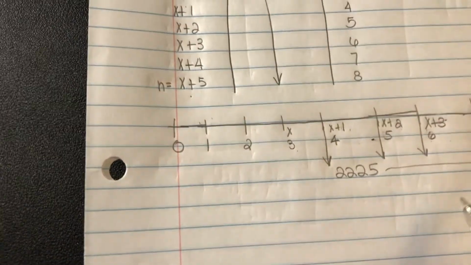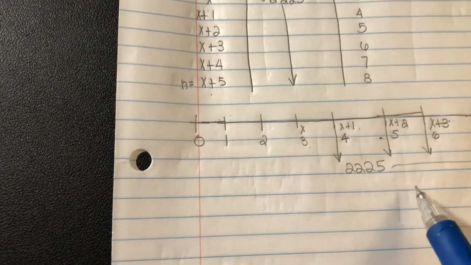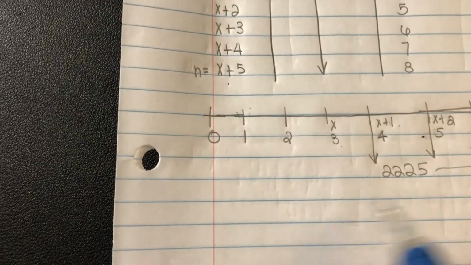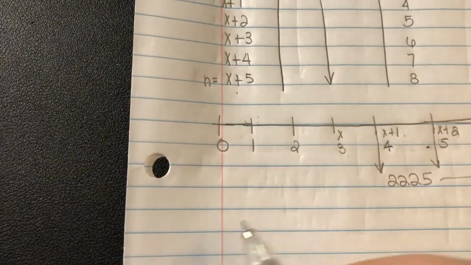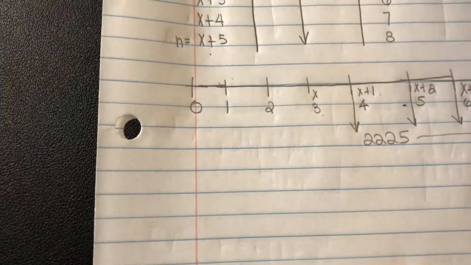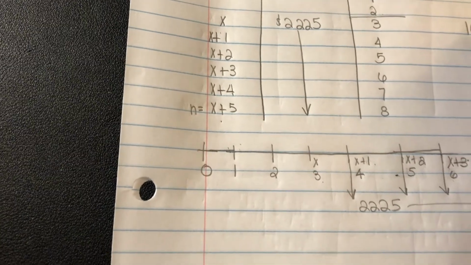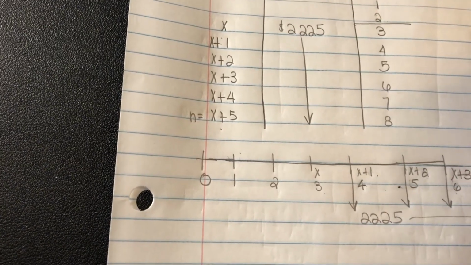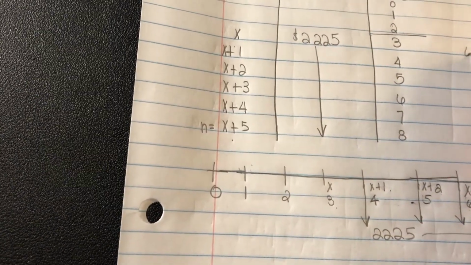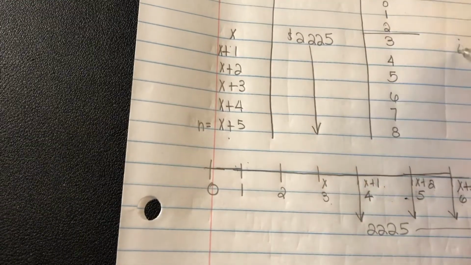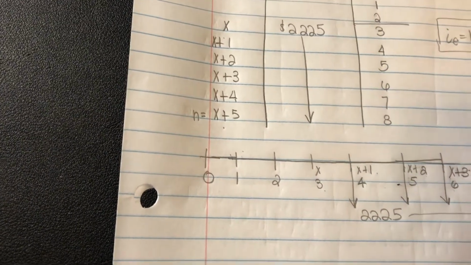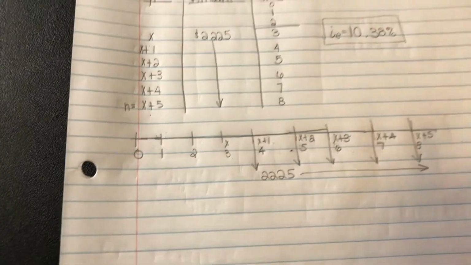Okay. So at this point, you're going to have to calculate for end of year 0. Oh, and also you're going to still be using the same effective interest rate, which was 10.38%. That doesn't change. Okay.